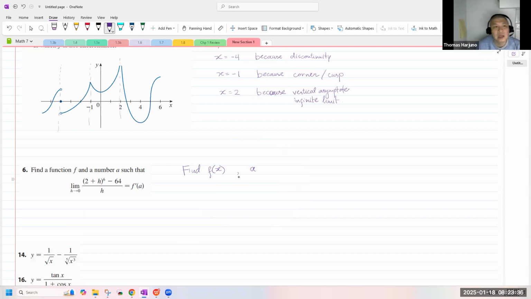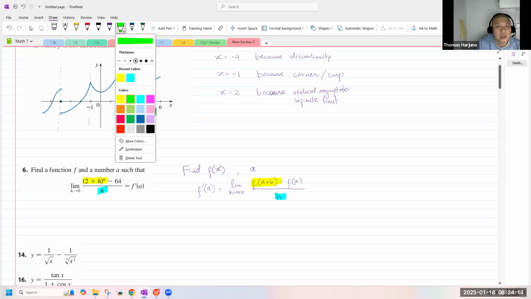Notice that f'(a) equals the limit, using the limit definition, as h approaches 0 of f(a+h) minus f(a) over h, right? The denominator is already the same. The top left gives us a feeling about what f(a+h) looks like, and later we will confirm that with f(a).